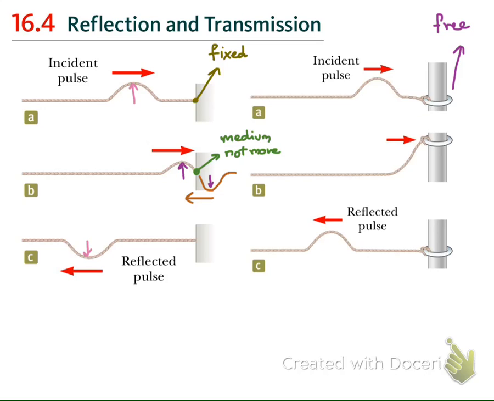From experiment, we found that the reflected pulse will have the same phase as the incident pulse. It means that if the incident pulse oscillates up, the reflected pulse will oscillate up also, and this can be explained similar to the previous case.